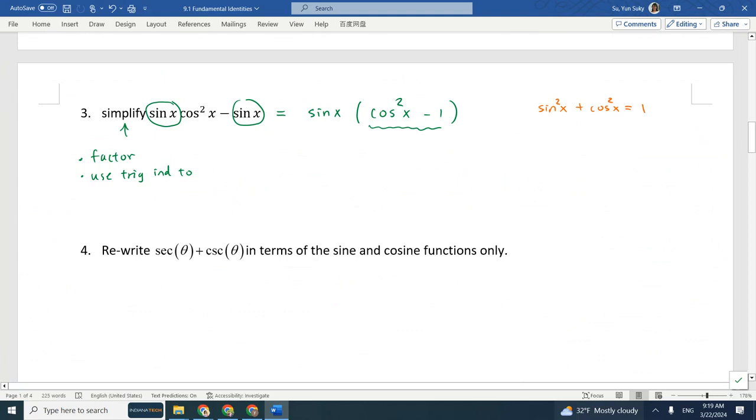So how do you change it? We want one side to be cosine square minus 1. So what do you do? Subtract 1. If we subtract 1 on both sides, we get sine square plus cosine square minus 1 is 0. What do we do next?